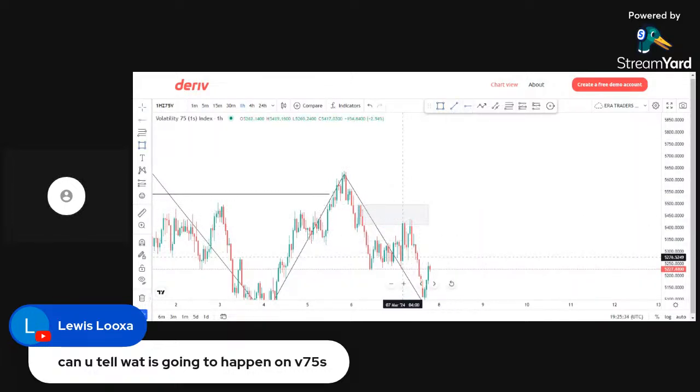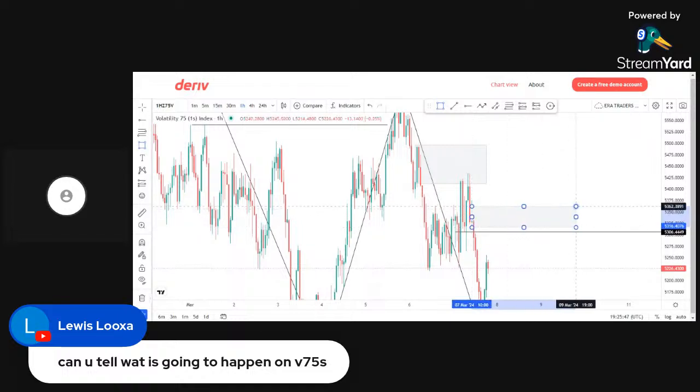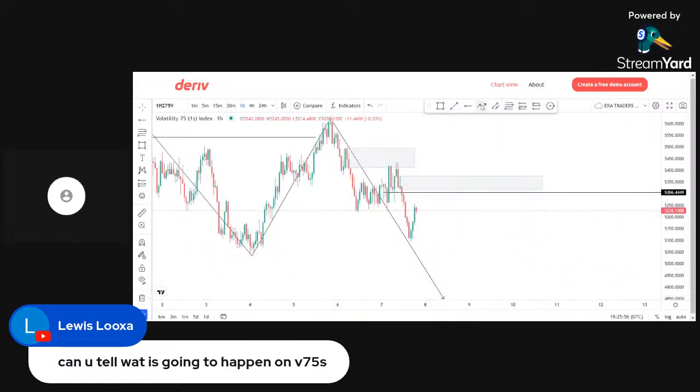So we have a mitigation block around here, and now this is the order block, and we also have a fair value gap attached to it. So seeing that, definitely price might come to this, wait for a confirmation coming into that place, and now we target this old low first as our first target.